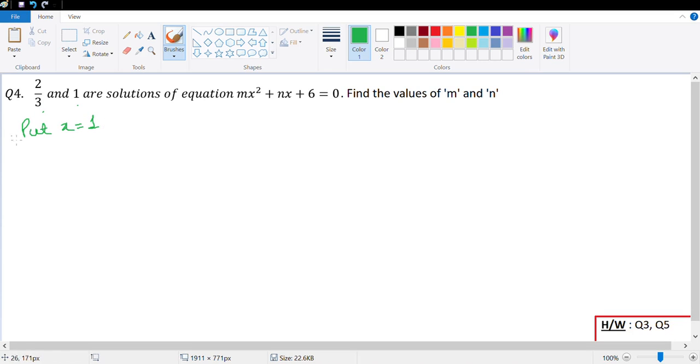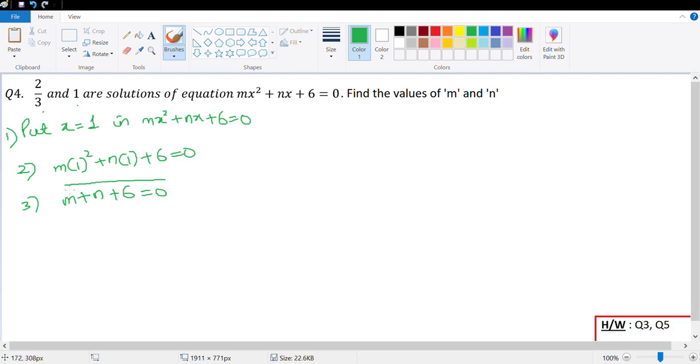Put x is equal to 1 in mx squared plus nx plus 6 is equal to 0. What we get is m times 1 square plus n times 1 plus 6 is equal to 0, which means m plus n plus 6 is equal to 0. That's our equation 1.